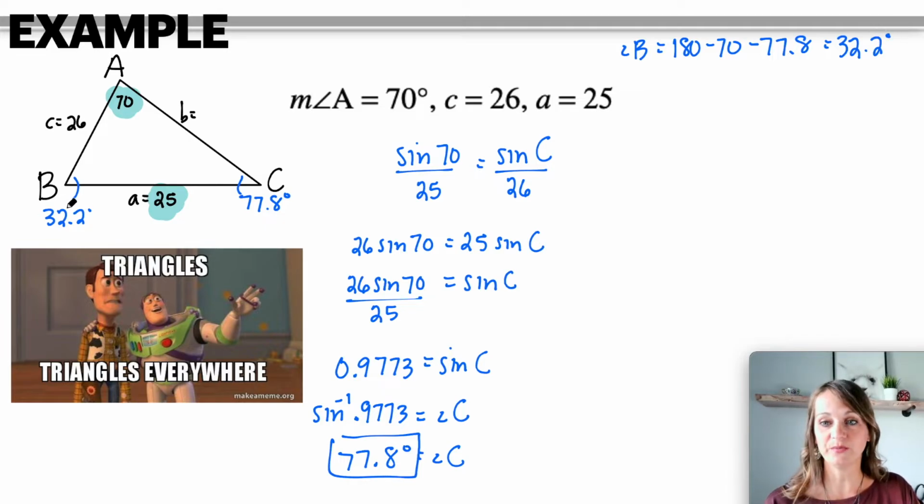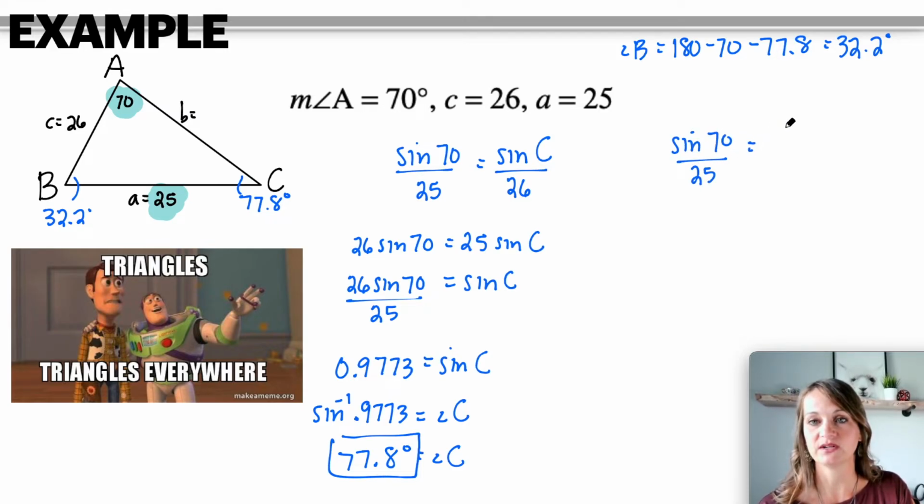Now that we know angle B, now we can find little b. So we're going to take our proportion, which is sine of 70 over 25, and we're going to set that equal to the sine of B over little b.